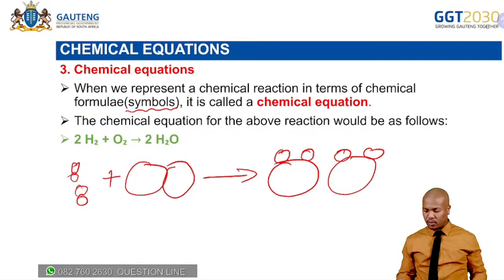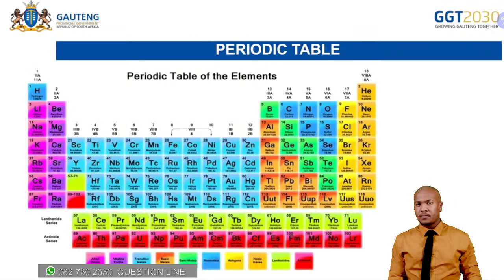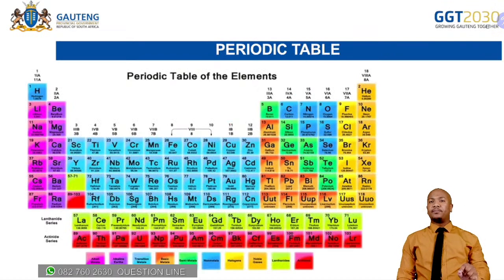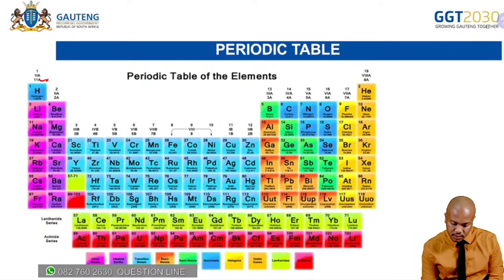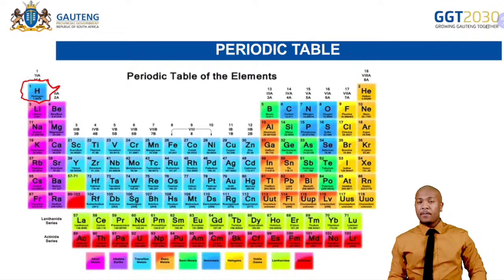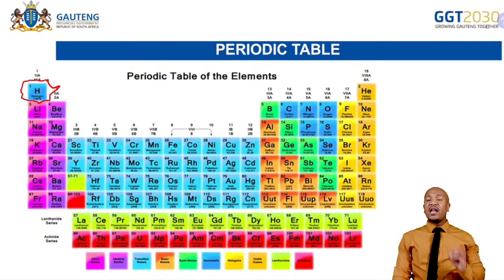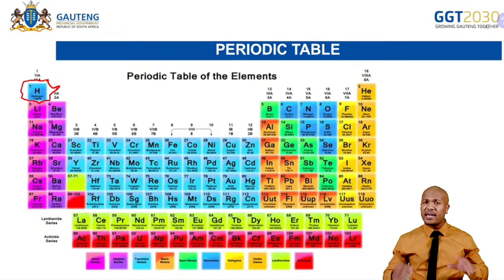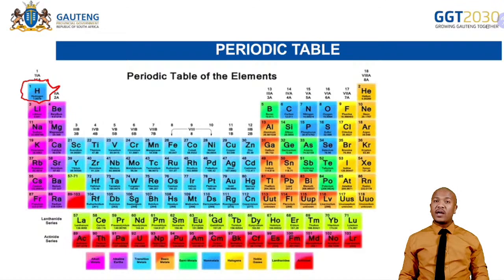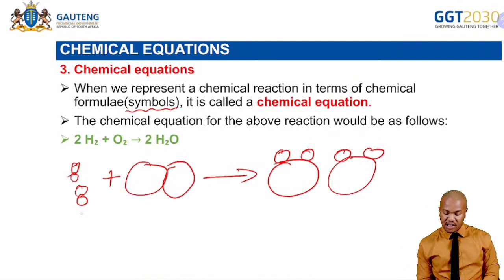Let me remind you. Let's look at the periodic table. Looking at the periodic table, hydrogen here is the first element, right? And we said elements are placed according to their increasing atomic number and size, right? So meaning what? Hydrogen is the smallest. That's why on the previous slide, we have the hydrogens being small.